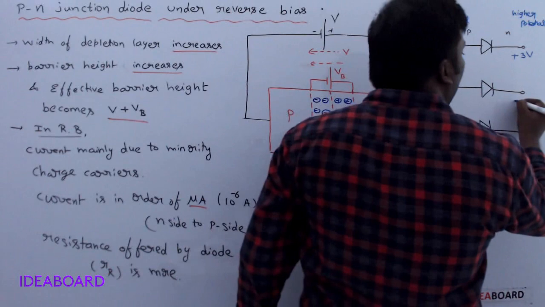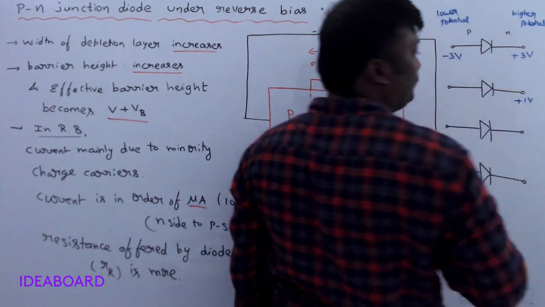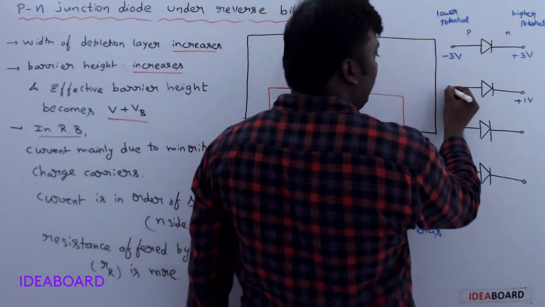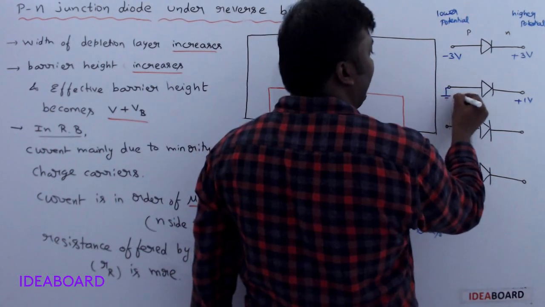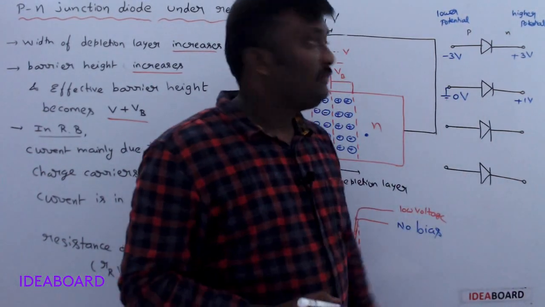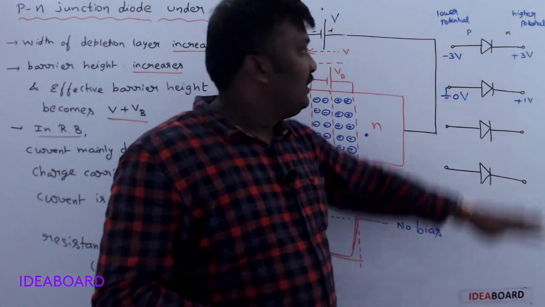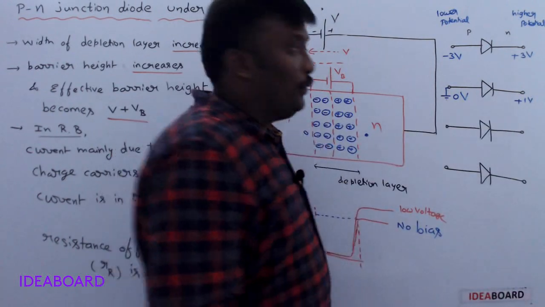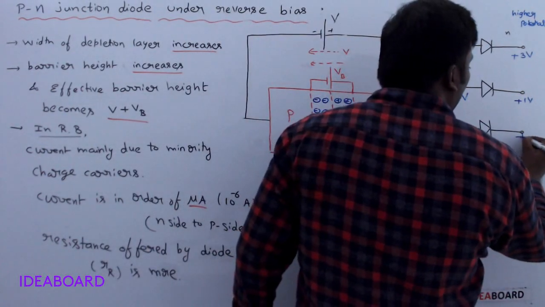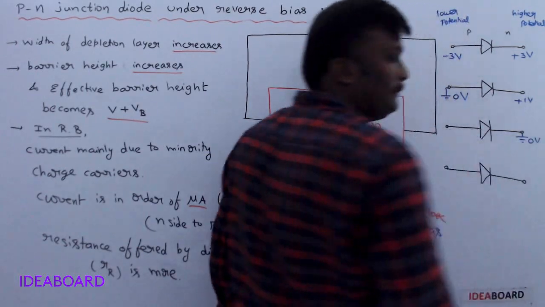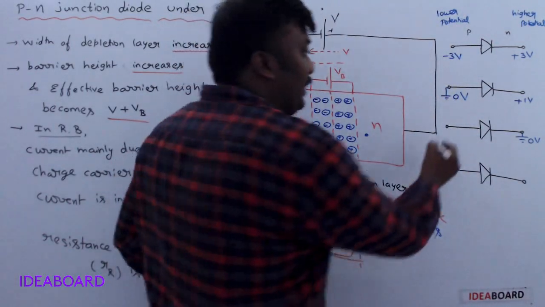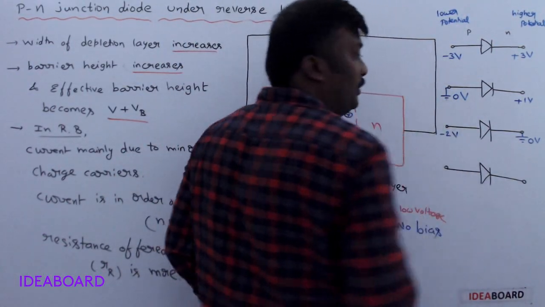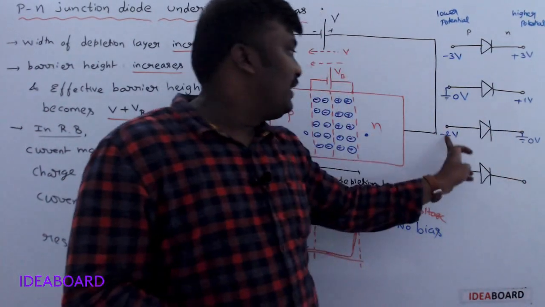Okay. Suppose here I give 1 volt, and here I give earthing, nothing but 0 volt. 1 volt is more than 0. So this is in reverse bias. Suppose here it is 0 volt, means I connected it to the earth, and the other side is maintained at minus 2 volt. 0 is more than minus 2.